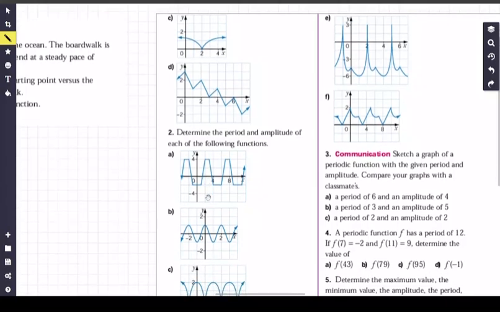So for the period of this, we see the lowest point, and we go from one high point to another high point. So let's just start from here, from a little over here to here, or we can start from this point. So this is going to be 2.5.